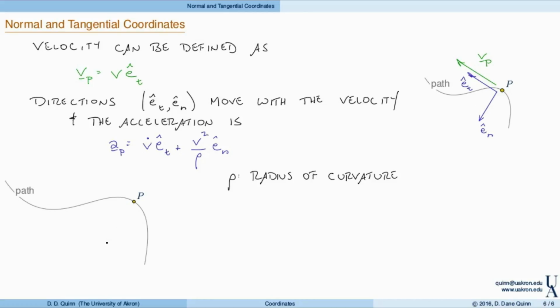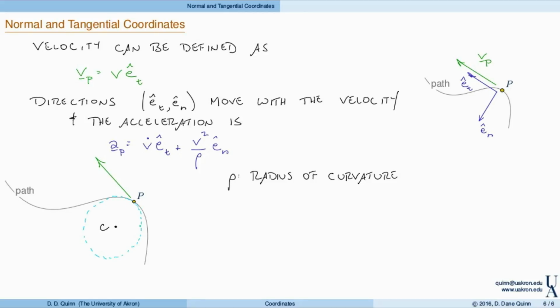So the center of curvature is going to be represented and denoted by a point C. So looking down here, we have the velocity that's tangent to the path. Then, geometrically, the center of curvature is located at the center of a circle that sort of best fits the path at this instant.